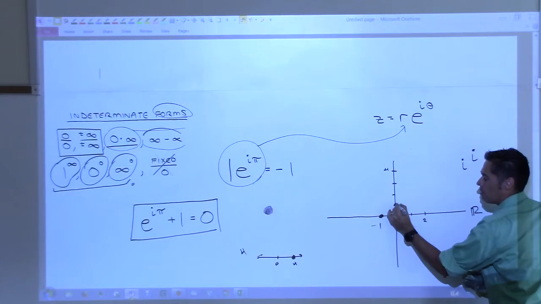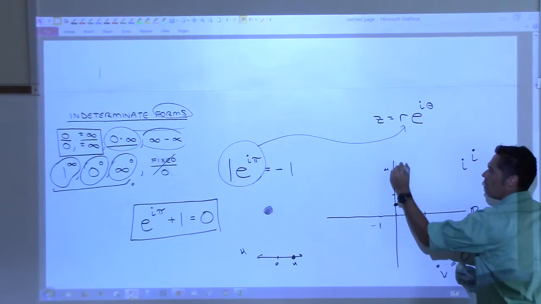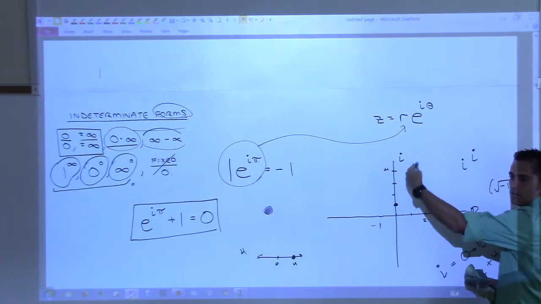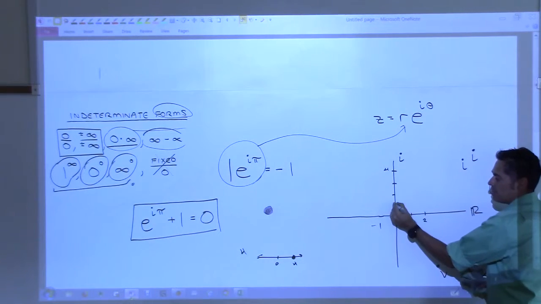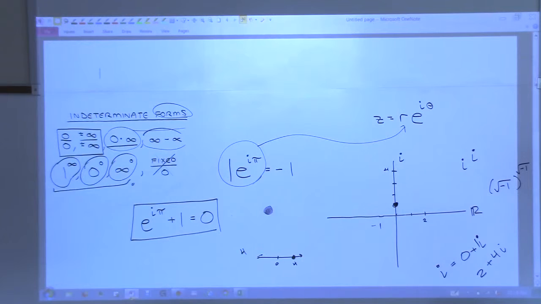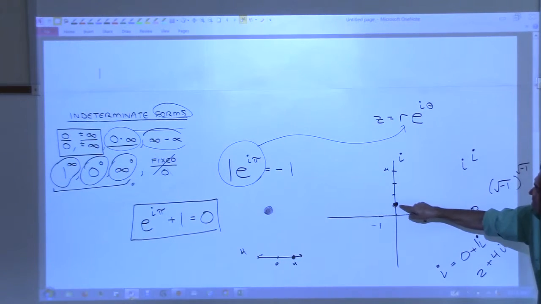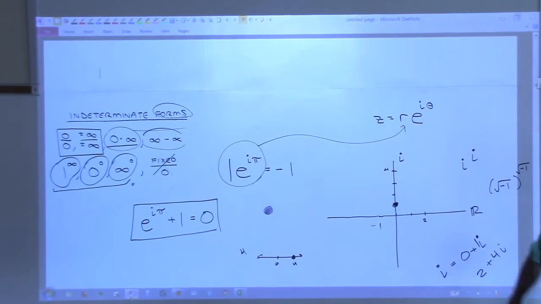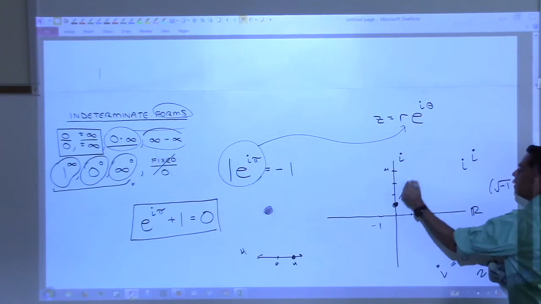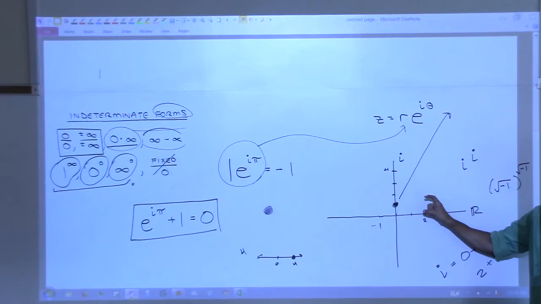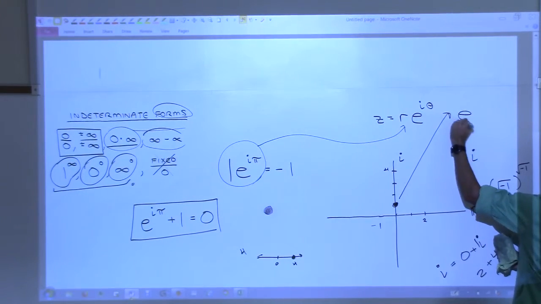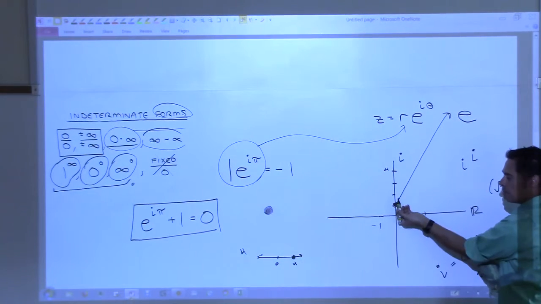So that means I'm here, right? That's i. We call this the imaginary axis, by the way, in complex numbers. This is the real axis and the imaginary axis. So this is the number i, right? Can you tell me what this number is written in this form right here? What's the radius? 1. What's the angle that gets you there?